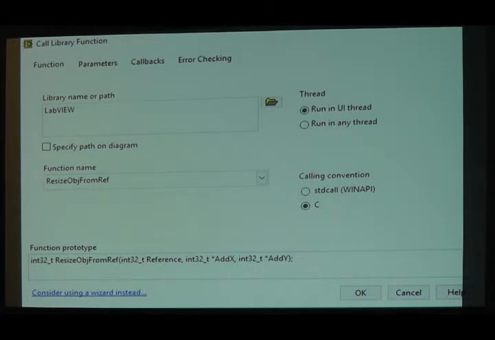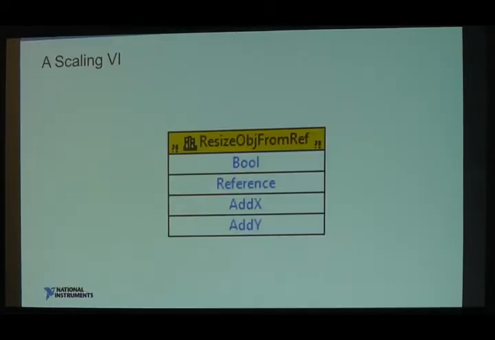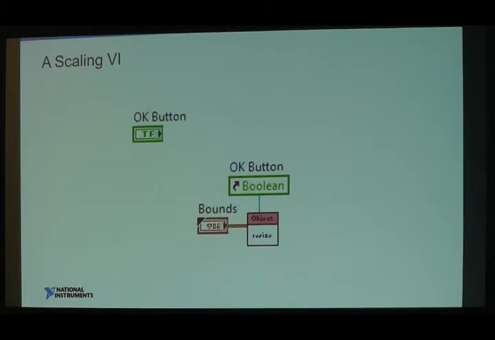That's very impractical, but you end up with a full Call Library Function node like this. And you can put it in a VI, and then you can scale pretty much everything. Subpanels are a bit tricky, and graphs are still a bit tricky, but you can put it all in a VI and handle that there. And you end up with a VI that scales everything. And that's very nice to have.